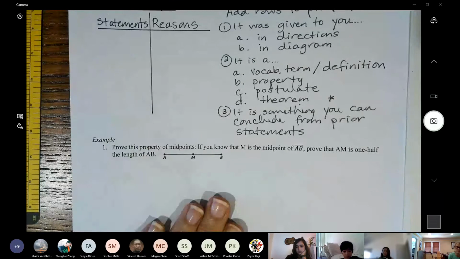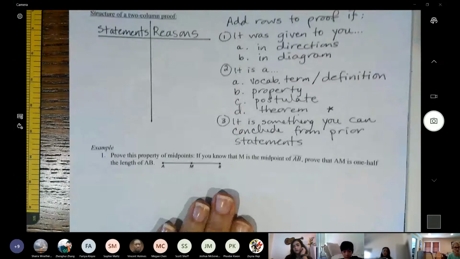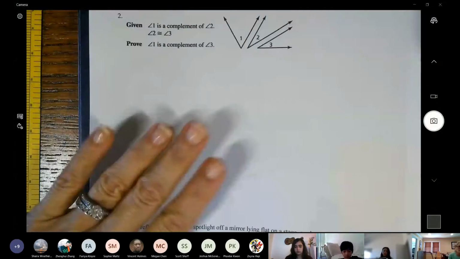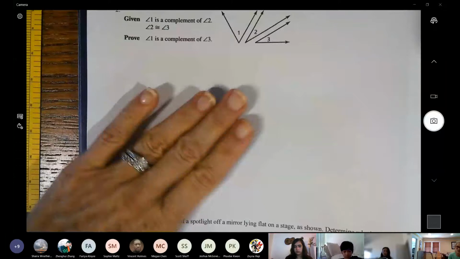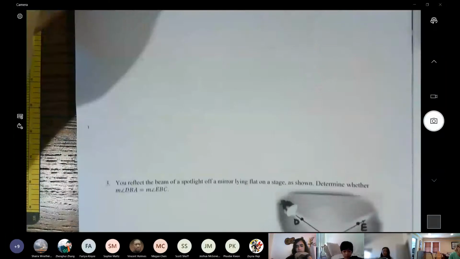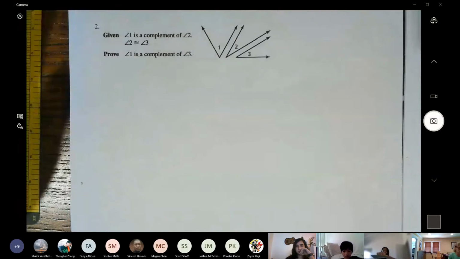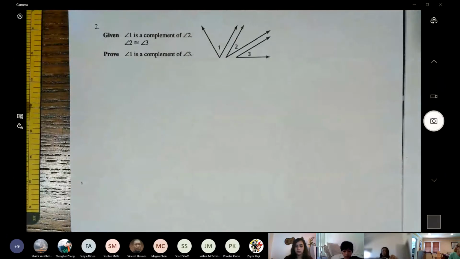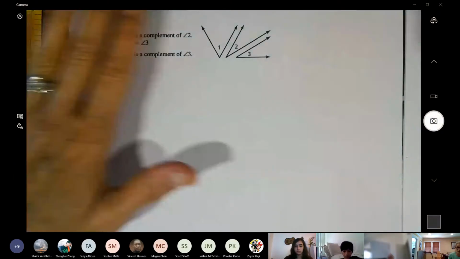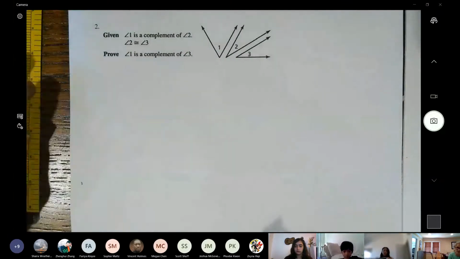Now this one was in the examples from yesterday, so I'm not going to fill that out. These two, they're both angles, but we're going to write them down. And this is why I wanted you to use the colors. So what we're going to do is color code stuff and try to figure out stuff that way.